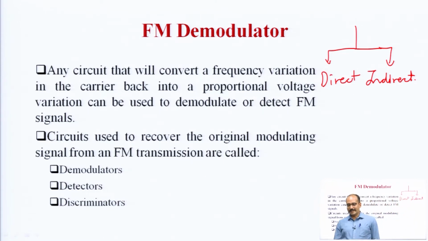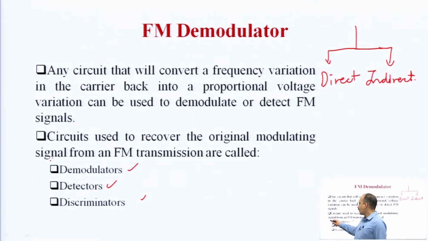Any circuit that will convert a frequency variation in the carrier back into a proportional voltage variation can be used to demodulate or detect an FM signal. Broadly, these circuits are known as demodulators, detectors or discriminators.